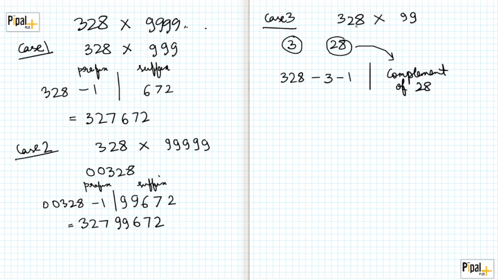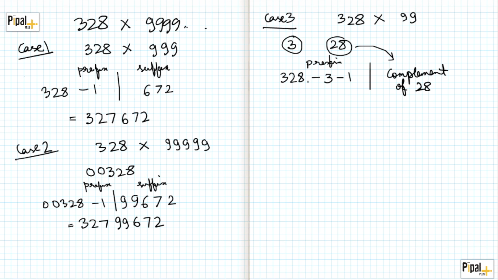So you notice how this is different. In this case, the number of 9s that I had, I count those digits, and I separate out this number 328 into 28 and 3. For my prefix, I'm subtracting not only 3 but an additional 1 from 328, the full number, and then for my suffix I'm just finding the complement of 28.